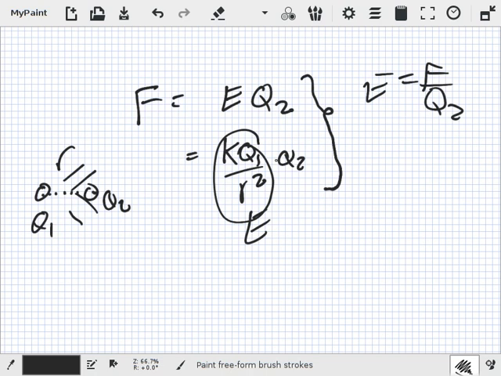When I did that, for one question, I did the question using KQ1 over R squared. And then like, I need to minus it or something? Huh? I don't know. Okay. You tell me when you do know and I can help.